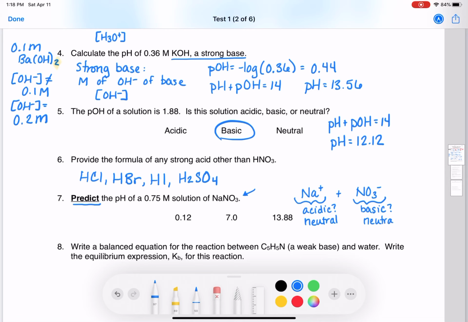So here you want to go to that list of what does it mean to be an acidic cation. Is this one of the acidic cations? Neutral cations are all the cations in group 1A and group 2A, so that means that sodium, because it's in group 1A, is neutral. So sodium is not going to make this solution acidic or basic. Nitrate, I gave you a list of the neutral anions, and nitrate, NO3-, is also one of the neutral anions. Because the cation and the anion are both neutral, the pH of this solution is also going to be neutral because neither of these are acidic or basic. They're both just neutral.